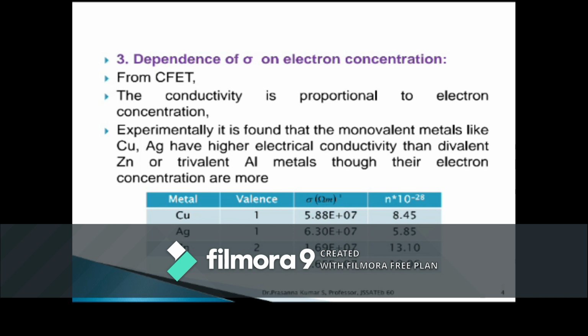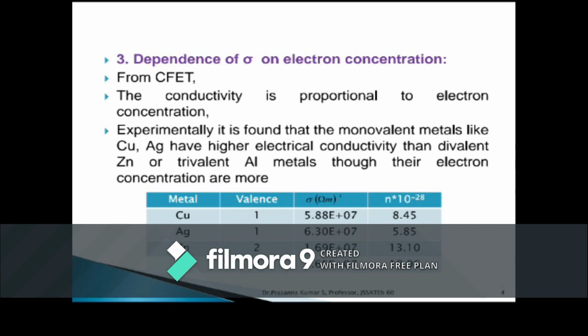Therefore, according to classical free electron theory, the conductivity should have been directly proportional to n, but it is not so. The smaller the concentration here, the larger the conductivity. Here we can conclude that monovalent metals like copper and silver have higher conductivity compared to the trivalent or divalent metals. Zinc is divalent, aluminum is trivalent.